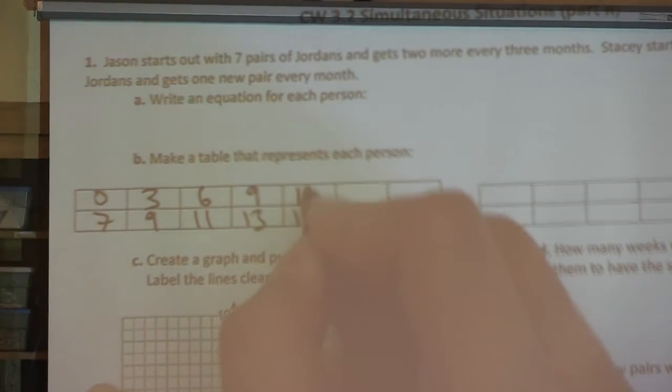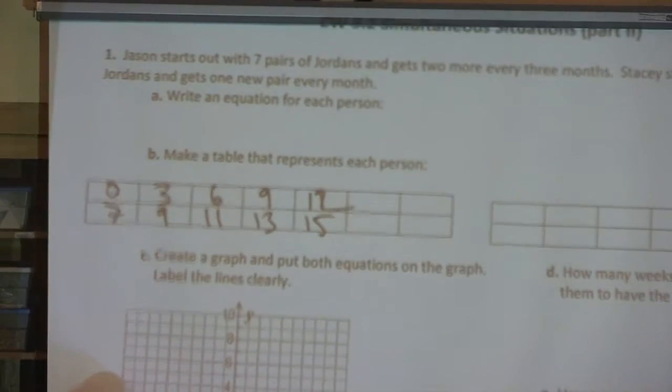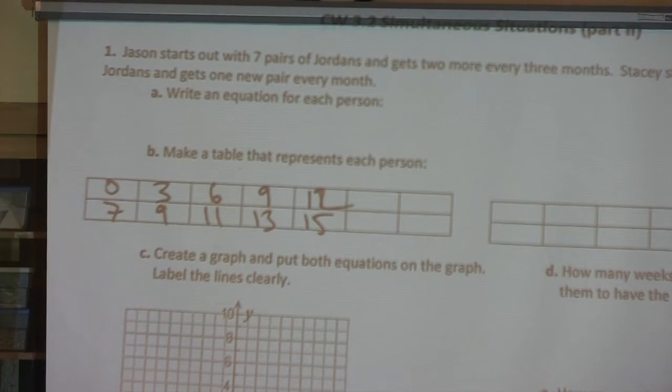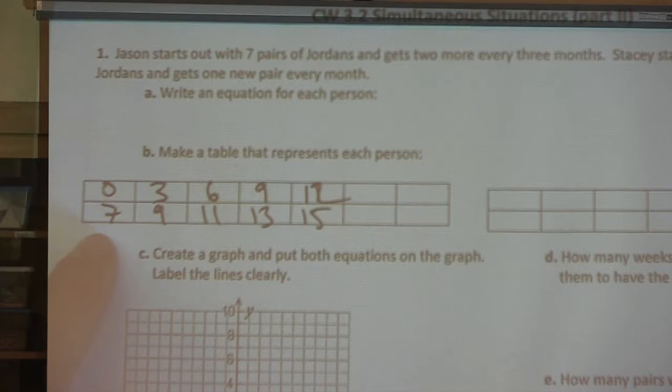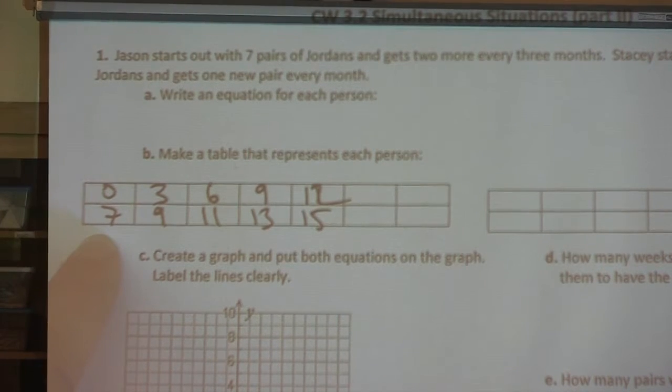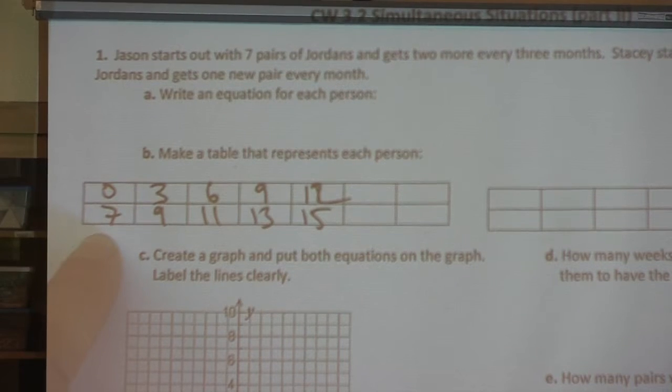That's not 3. So here's where we struggle then. Because, right, it doesn't make sense to have a third of a shoe.